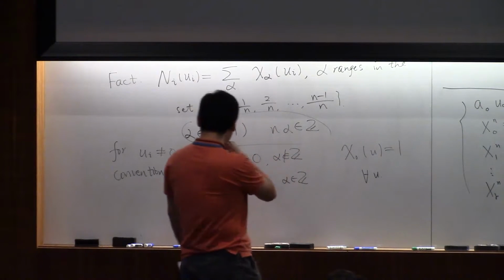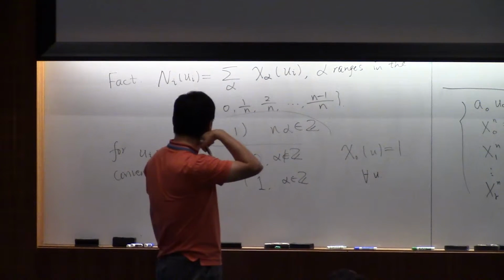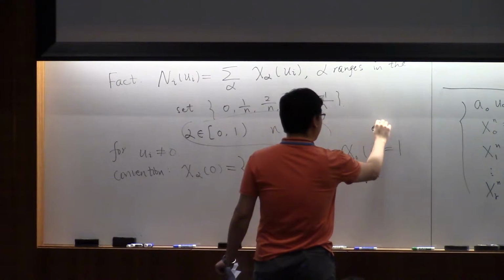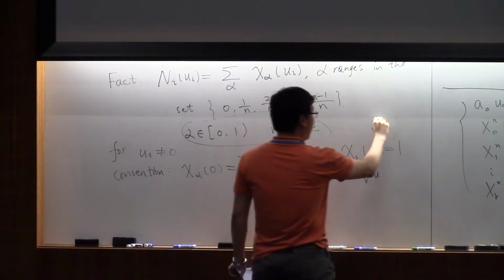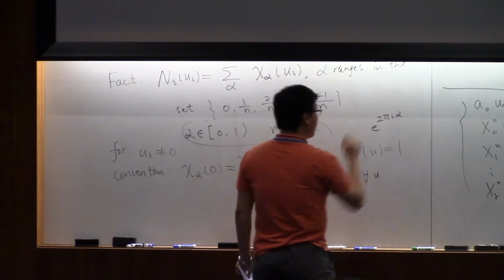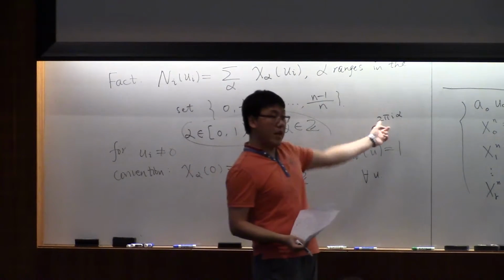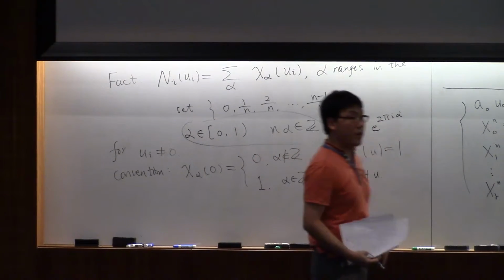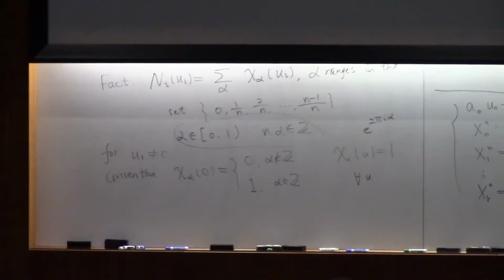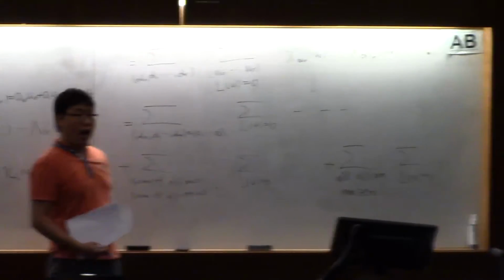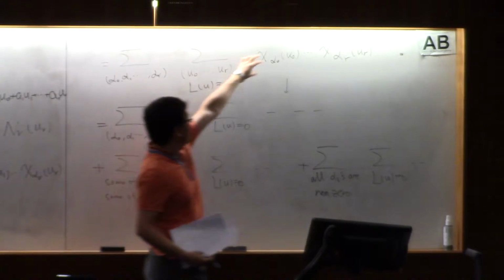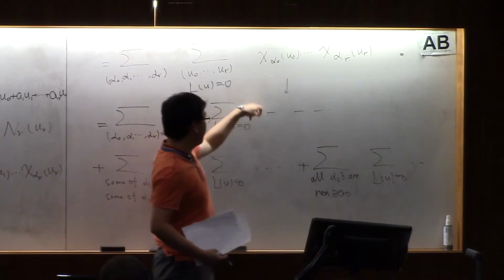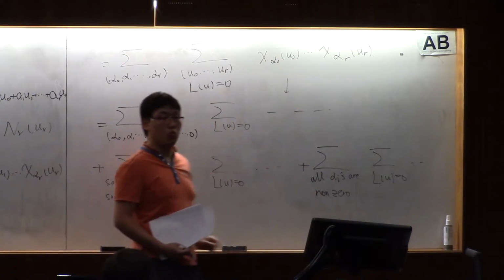Because it maps a generator to the complex number e to the 2 pi i alpha, and when alpha is 0, it becomes 1. So if all these alpha i's are zeros, then each of these characters becomes 1. Then actually the product becomes 1.